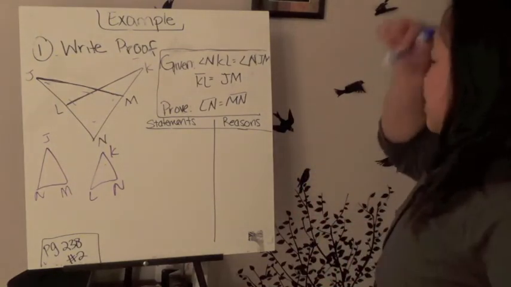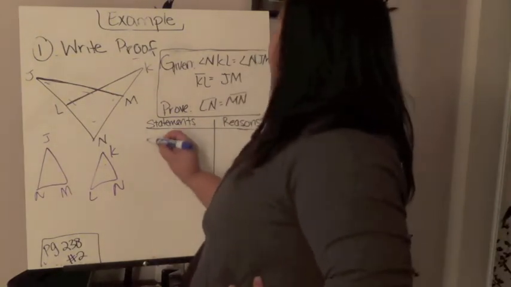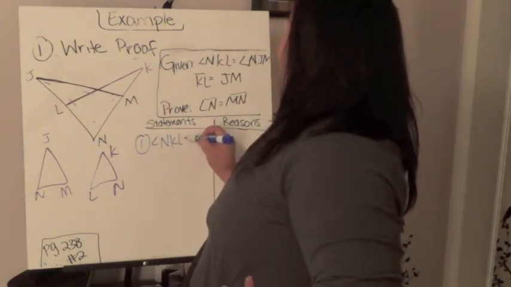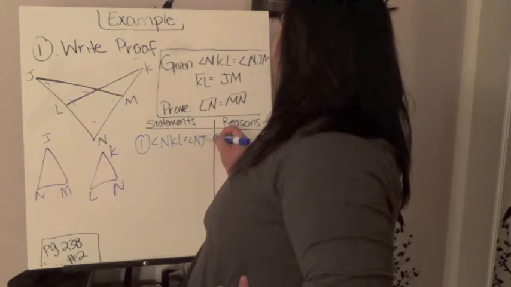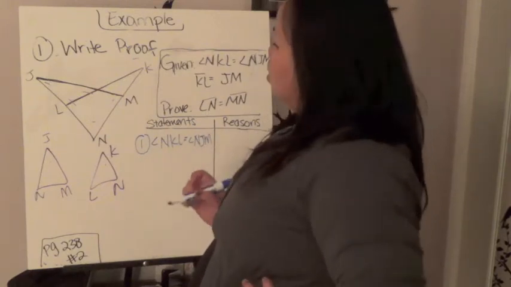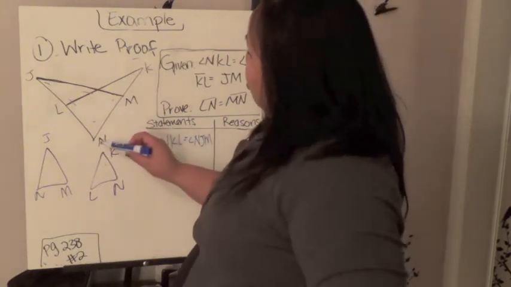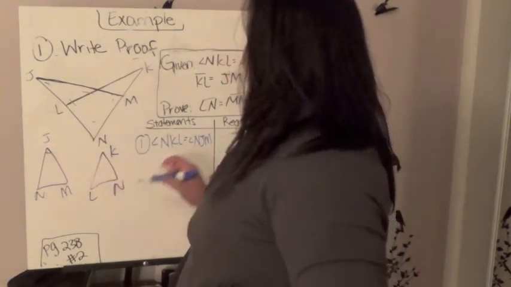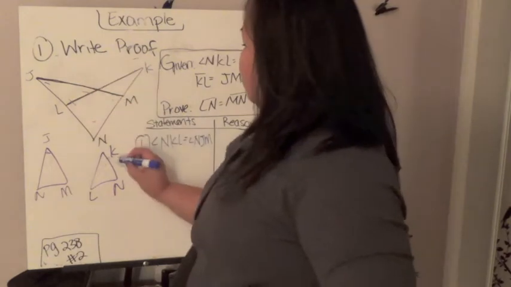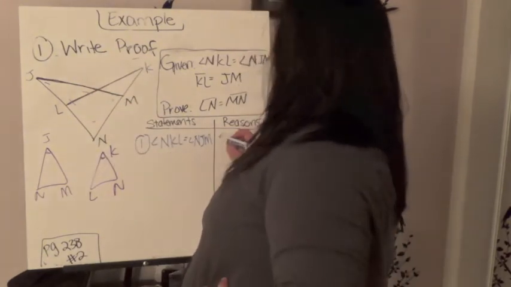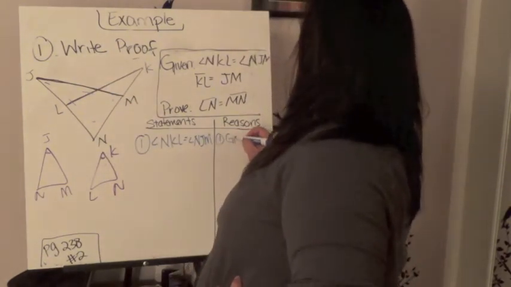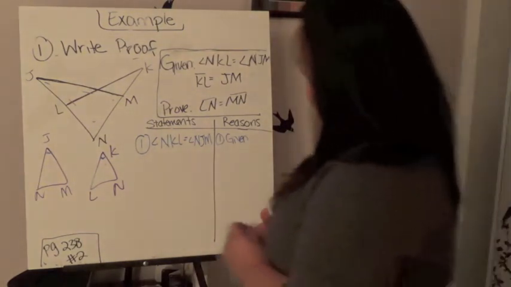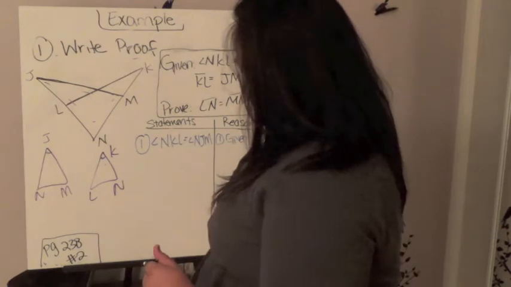So let's start with what we always start with, and that's the given. Angle NKL is equal to angle NJM. So this angle is equal to this angle, and this is because of our given.